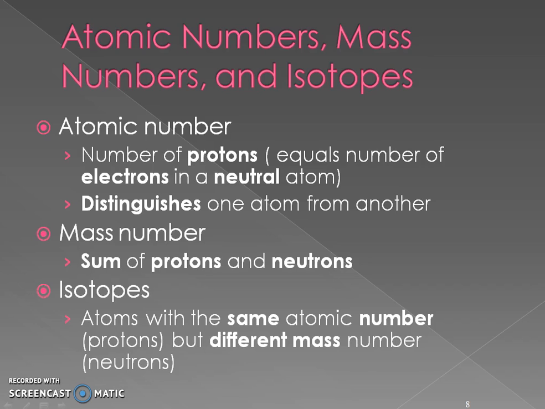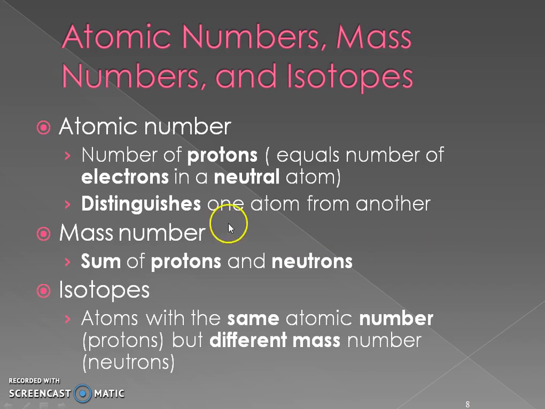So just as a reminder, the difference between atomic number, mass number, and isotopes. Atomic number gives us the number of protons, which in a neutral atom also equals the number of electrons, but that's only in a neutral atom. So hopefully you remember during Chem 1 that the electrons can change and then there's a charge on the ion.